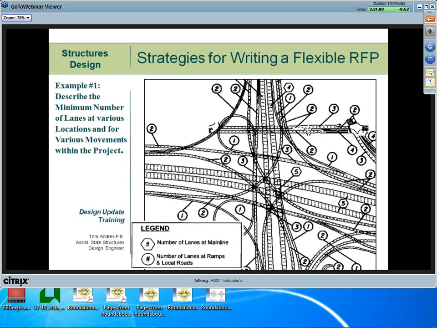Okay, let's get started. Example number 1: describe the minimum number of lanes at various locations and for various movements within the project. In this example, this exhibit was attached to the RFP and referenced as a requirement. So what do you think? Is this good?